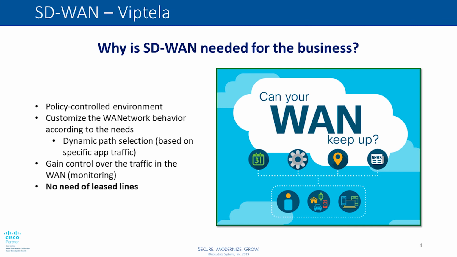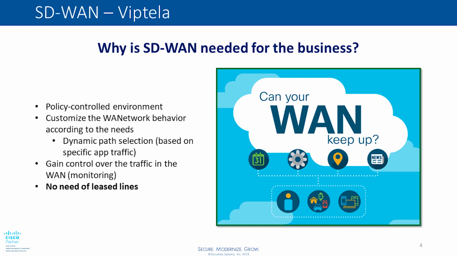So why is SD-WAN needed for the business? As I was saying, it's a policy control environment where you can add more granularity to your policies at the WAN level. You can have more control over the behavior of your WAN network with dynamic path selection, specifically for some applications. You can gain control over all the traffic that crosses your WAN.